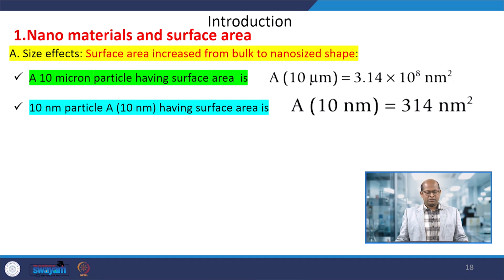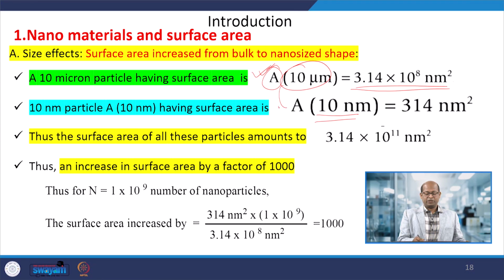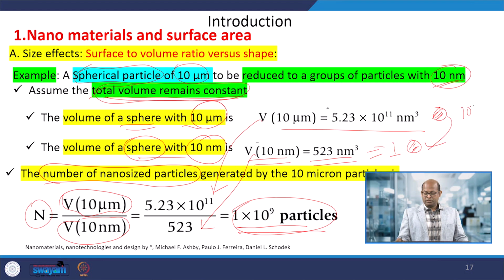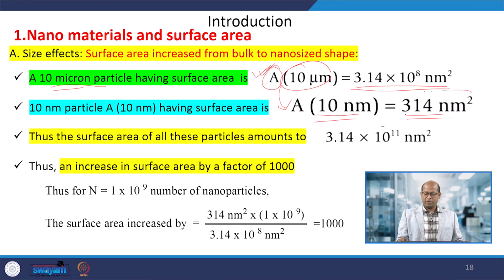Similarly, let us consider the area changes. Initially the spherical particle has a 10 micrometer radius. If we calculate the surface area, it would be this. When that particle is converted into 10 nanometer size, the surface area of one particle would be this. Since we convert 10 micron particles into 10 nanometer particles, this number of particles will be generated at the nano scale, each having this surface area.